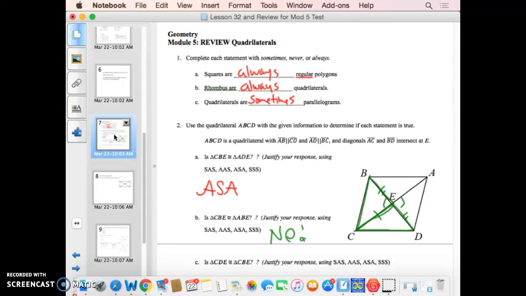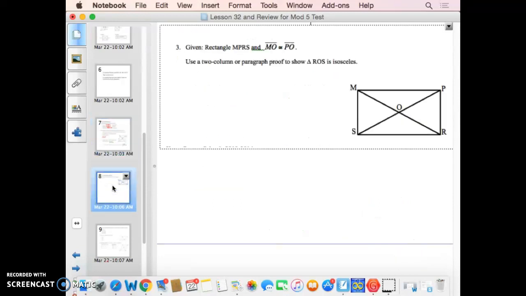So there's nothing I can do on this that states whether or not they're congruent. I know this angle and this angle are congruent, and this one and this one. So yeah, this one's a no again. Now, if they told me this was a rhombus or a square, that'd be a different story. But they didn't. They just said quadrilateral. Okay. So there's not enough information for you to tell.